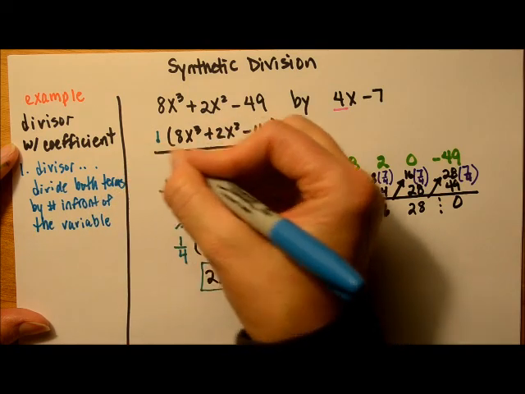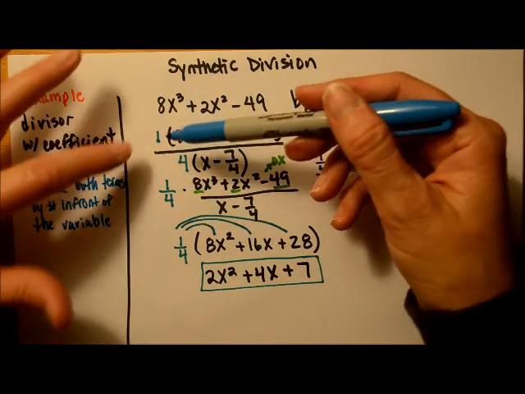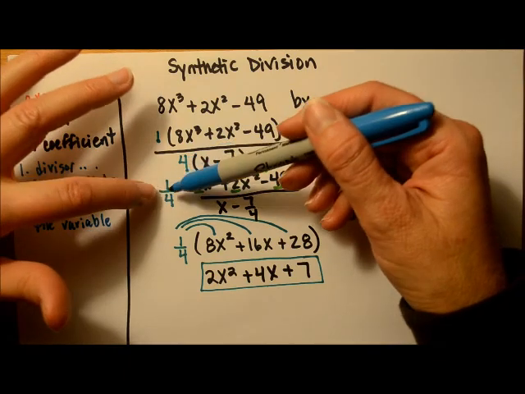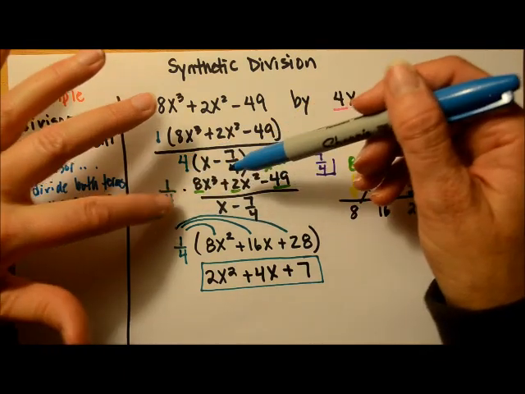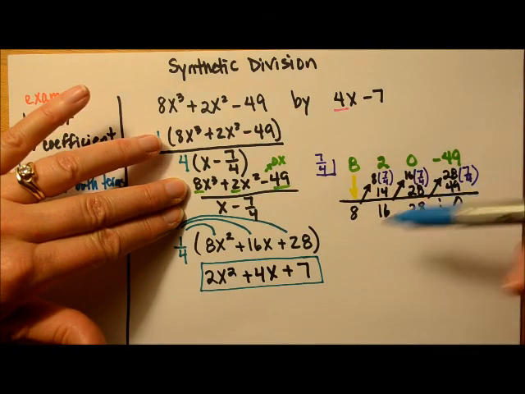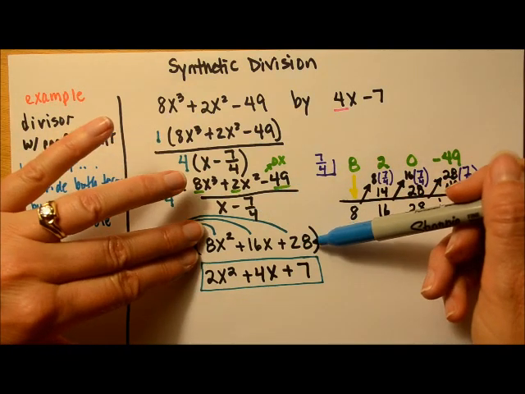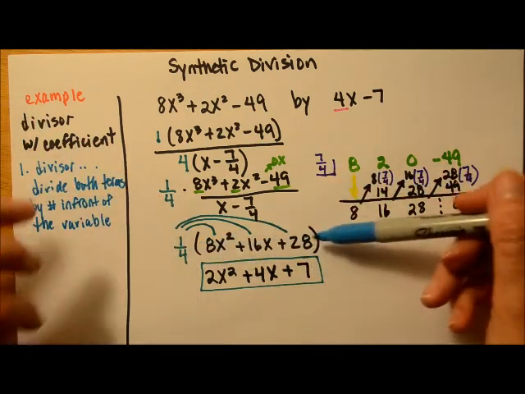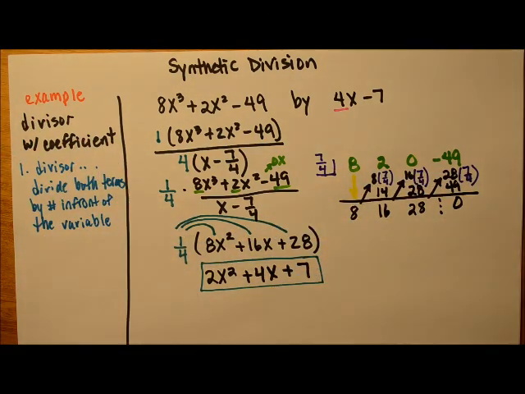Okay, and this is the idea of it. I have the 1, I have the 4, I can pull out 1/4. I'm just going to do synthetic division on this stuff because I can. I'm going to end up with a new polynomial, and I'm going to multiply through by 1/4, and I'm going to actually have my answer.